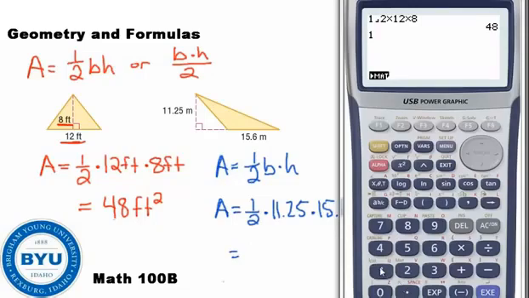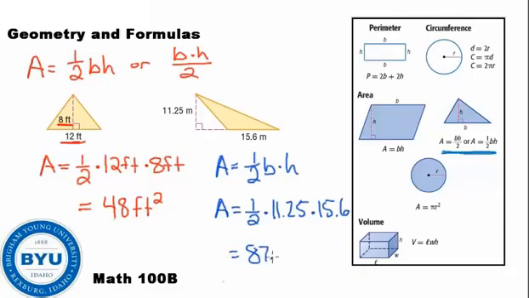I'm going to go 1/2 times 11.25 times 15.6. 1/2 the base times the height, and we get an answer of 87.75. And the units there would be square meters. Again, area is a two dimensional measurement, so we always use square units.